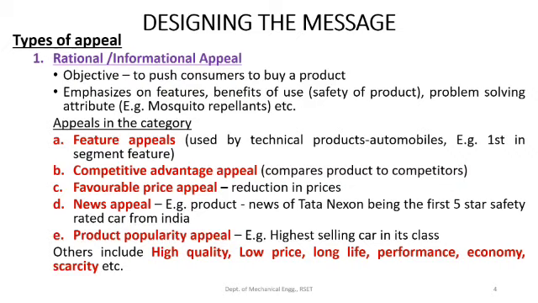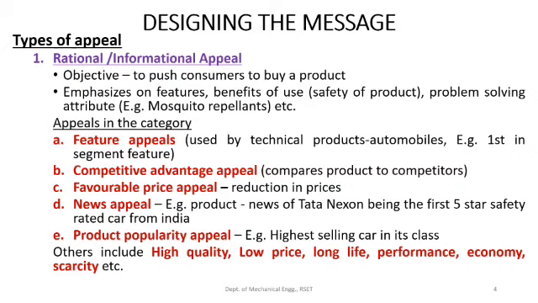An example is mosquito repellent. It basically helps you protect yourself from mosquito bites, so it solves your basic problem of mosquito bites. So you emphasize features, benefits of use, and problem solving attributes of a particular product, and then make an appeal.